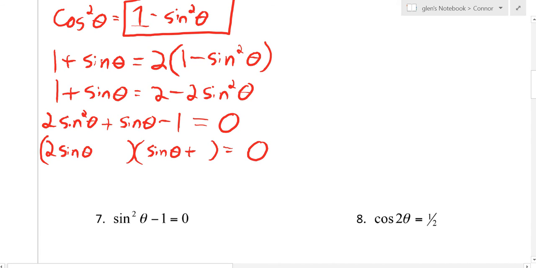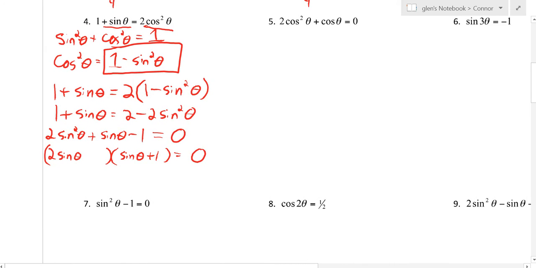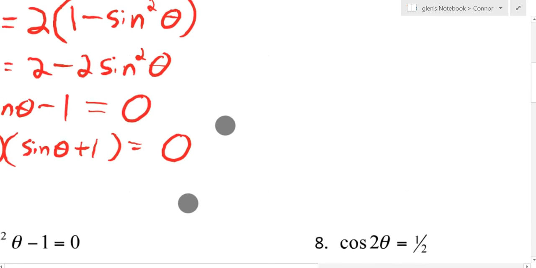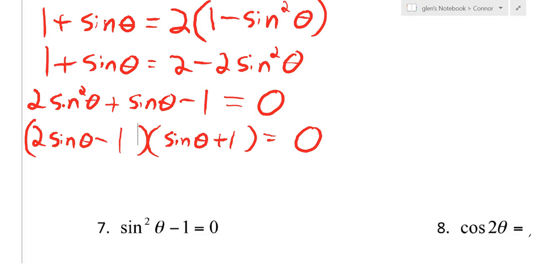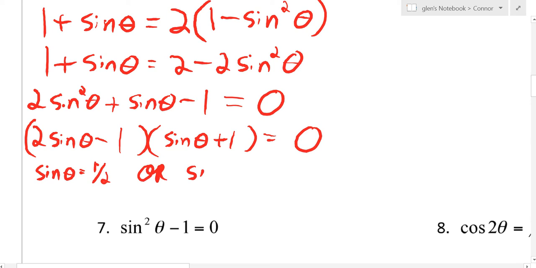So this one needs a plus 1, and this one needs a minus 1. Is that okay? And that gives us, so now we have two things being multiplied to get 0. So either the first one is 0, which only happens when sine is a half. Cool. And this one happens when sine equals -1.